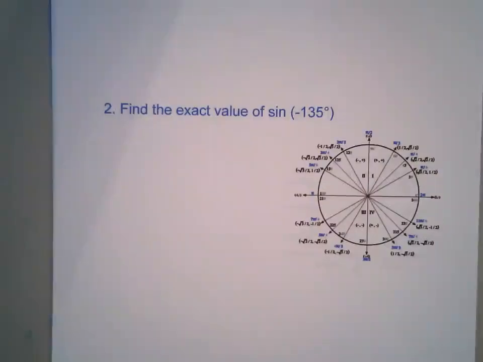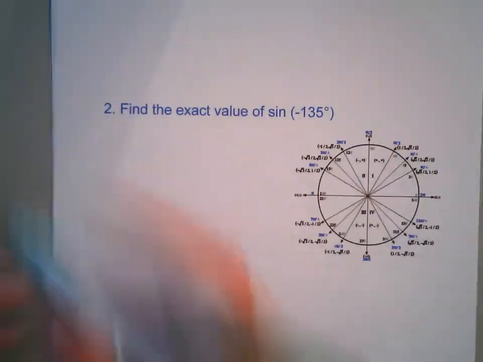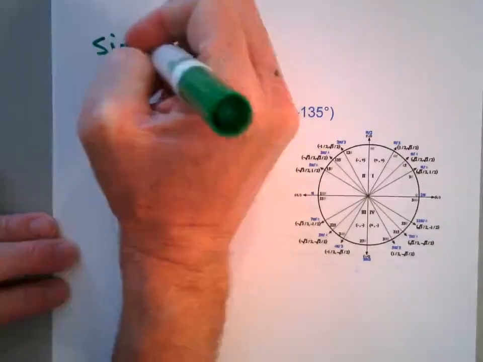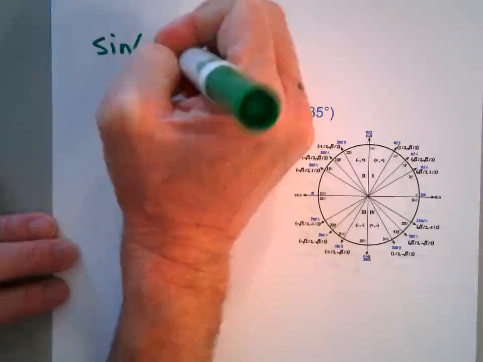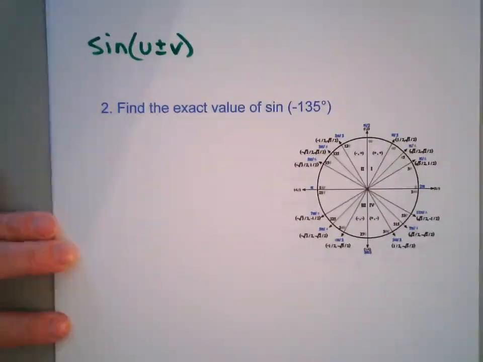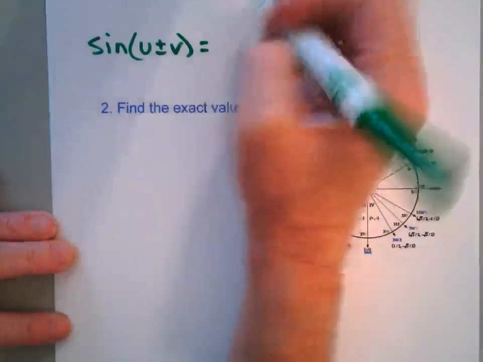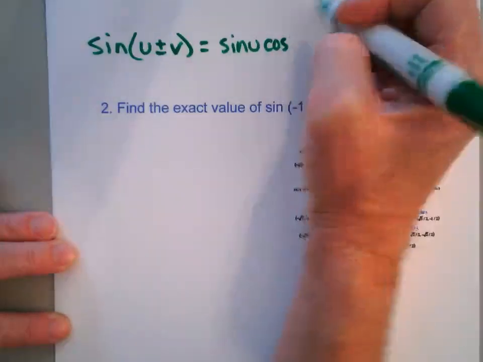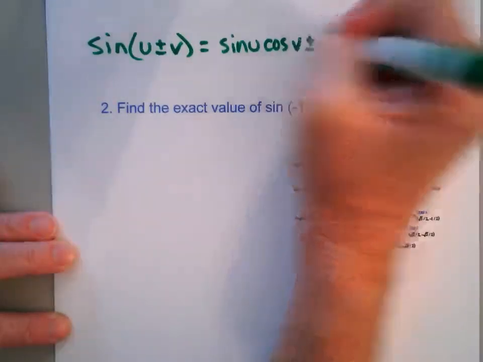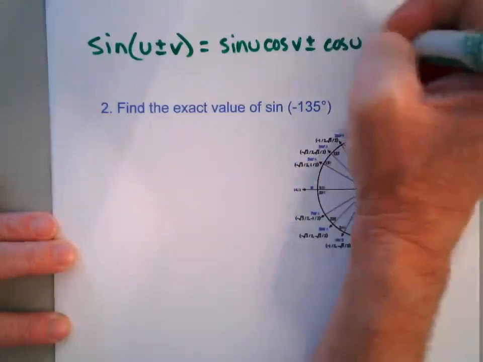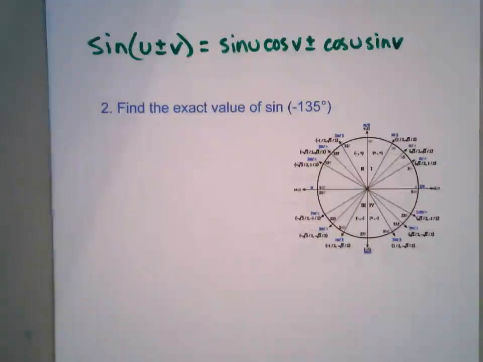Just so everybody can see it, I'm going to write the identity: sine of u plus minus v equals sine of u cosine of v plus minus cosine u sine v. Just so we have that up there.